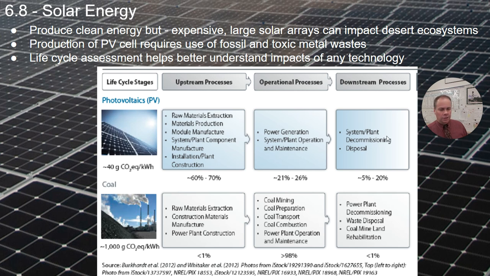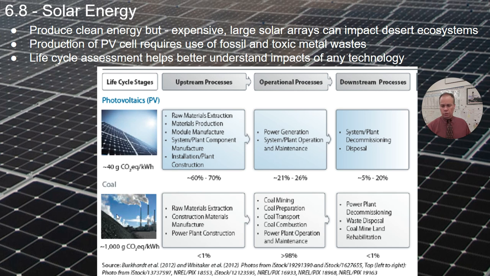But when we look at the overall lifetime analysis of these photovoltaics versus coal in this analysis, about 40 grams of carbon dioxide are emitted for every kilowatt hour as we take the entire life cycle into account. When we look at the coal power plant, it's around 1,000. So obviously it's much greater, more than 20 times greater in a coal power plant versus the photovoltaics.